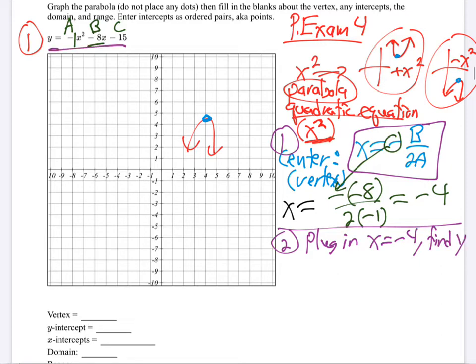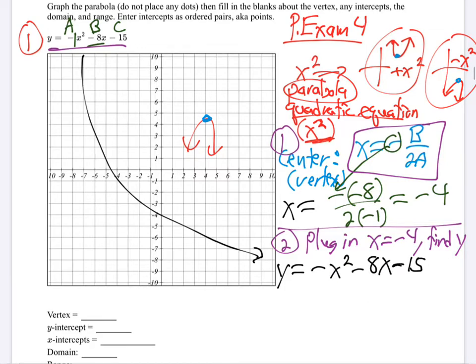So we have this equation up here which says y equals negative x squared minus 8x minus 15. So we're going to take this negative 4, plug it in. So what do we get? We get y equals the negative from the formula. Now remember, when you plug things into a formula, put parentheses around what you're plugging in.